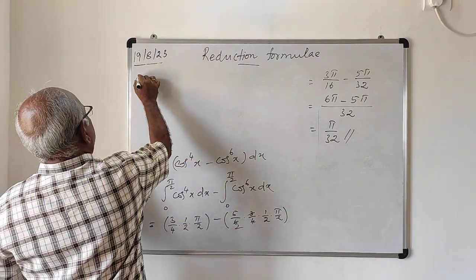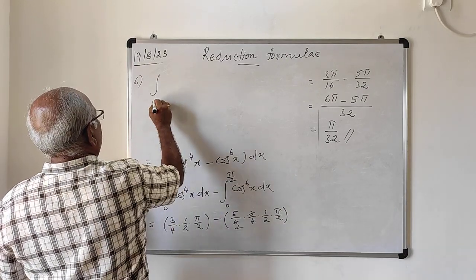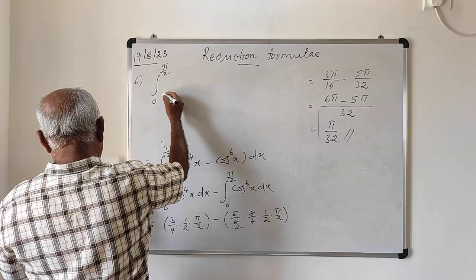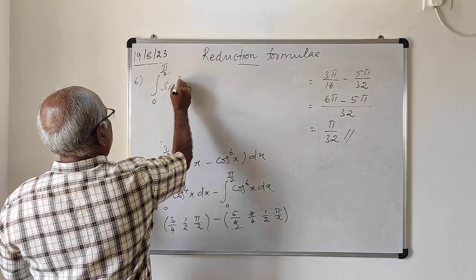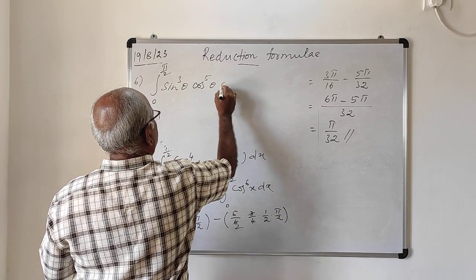The problem is evaluate the integral 0 to pi by 2 of sin cube theta into cos power 5 theta d theta.